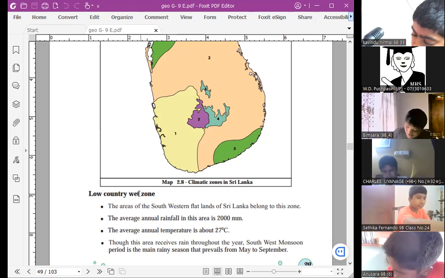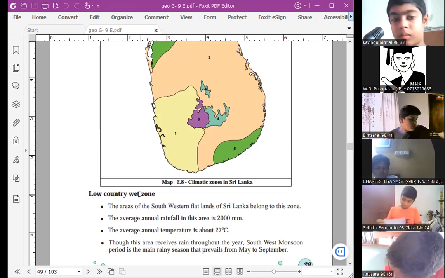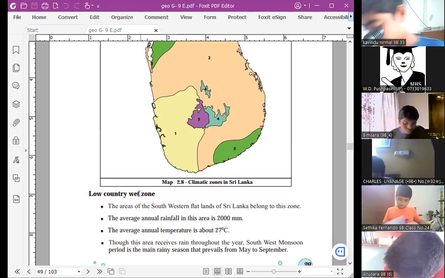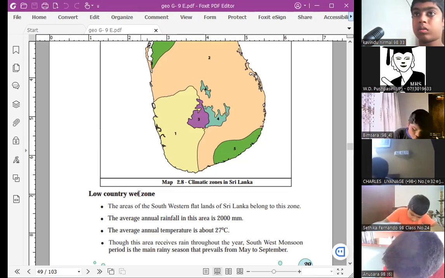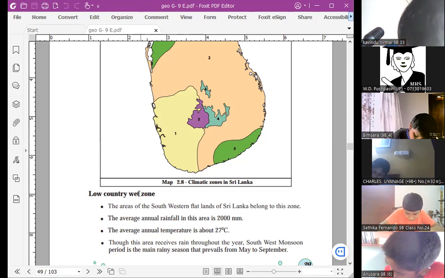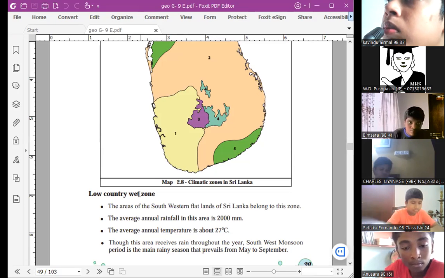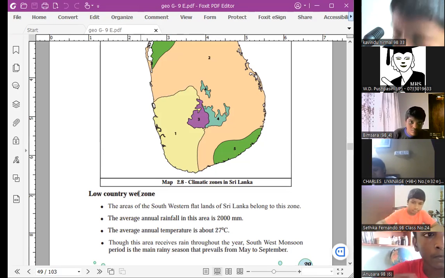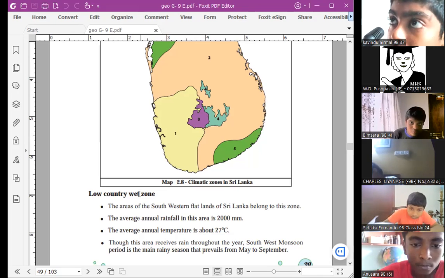So write it down. Southwestern flatlands area. Annual rainfalls කොච්චරක් තියෙනවද ඒකේ? 2000 millimeters, right? 2000 millimeters annual rainfall, right? වාර්ෂික වර්ෂාපතනය.